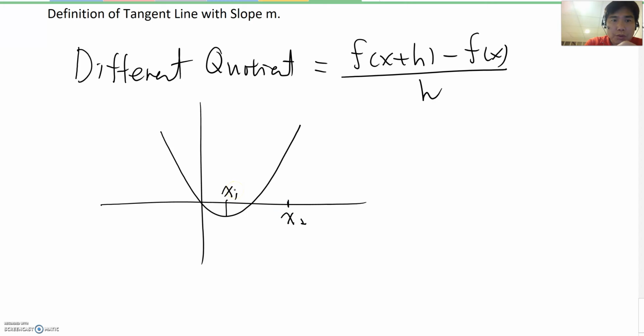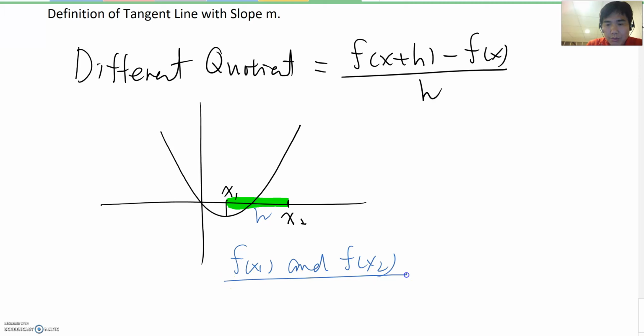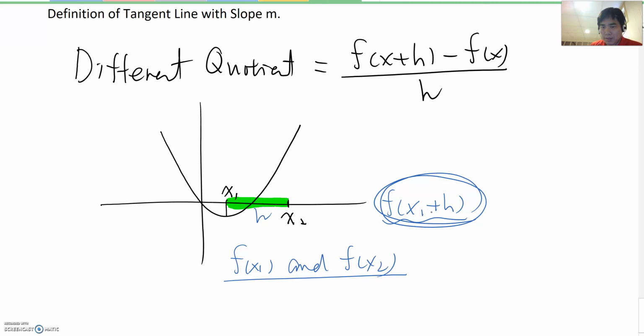You know that the difference between x1 and x2, this value we define as h. Therefore, instead of writing f(x1) and f(x2), we write f(x1) and f(x1 plus h). That can determine another point notation basically.